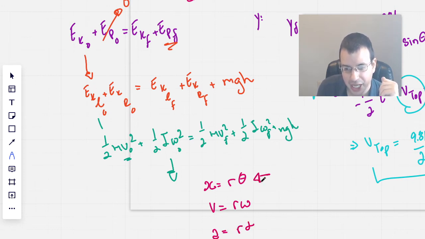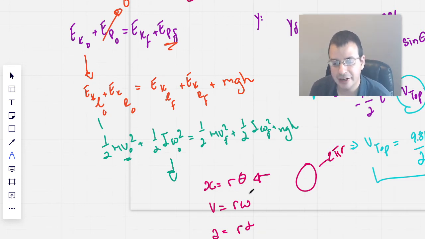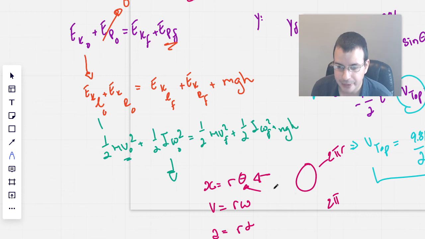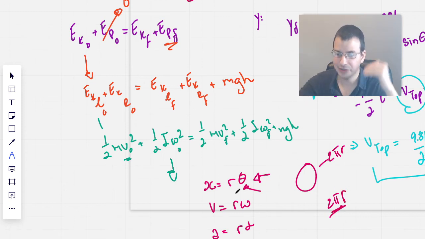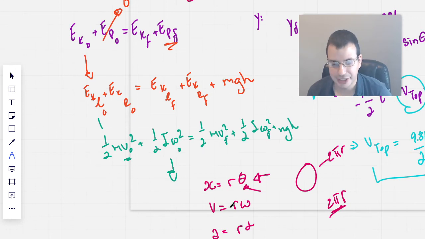The reason I start with this top one is because you kind of know it in your head. A distance around a circle is 2 pi r, because it's the circumference of a circle. In terms of angle, the angle around a circle is 2 pi, and r is r, so you get the same answer on the left and the right. It's just a mnemonic to help memorize the relationship.